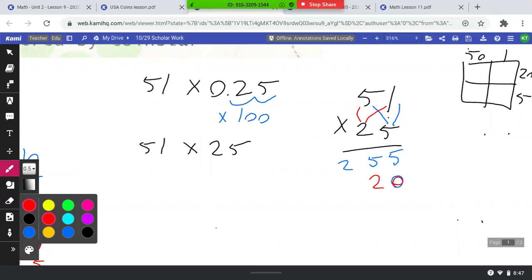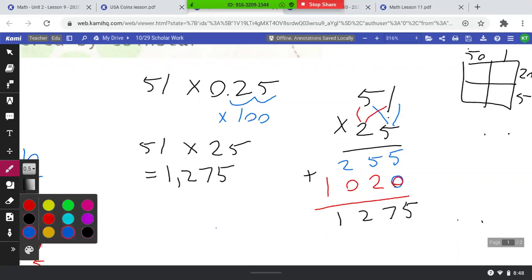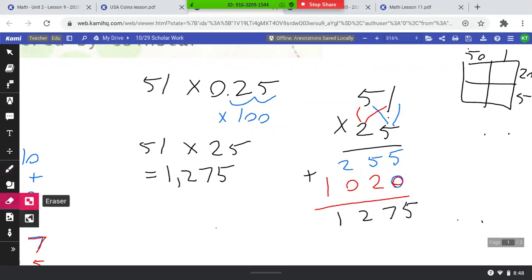Now we're going to do 2 times 5, which equals 10. We add those bad boys together, and we get 5, 7. And our answer equals 1,275.